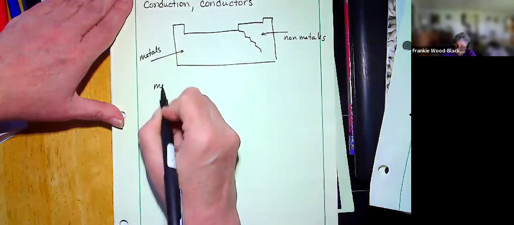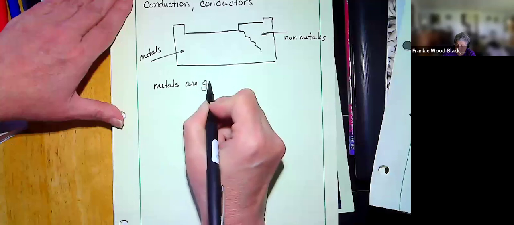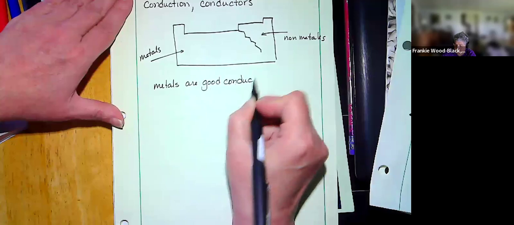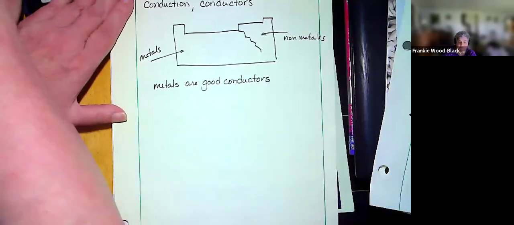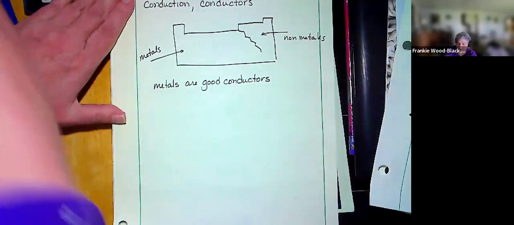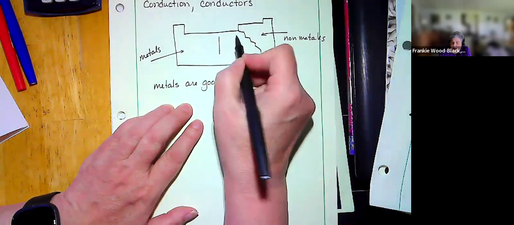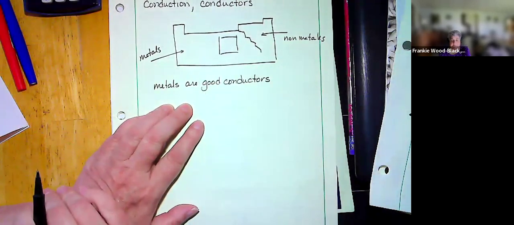We know that metals are good conductors, and our best conductors for wire are going to be in here in the transition elements.